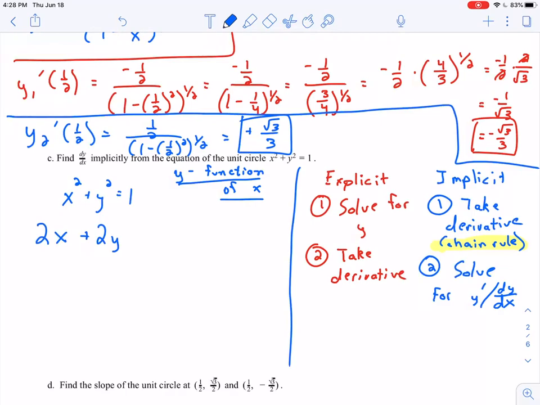Remember, whenever we had the chain rule in the last section, we always multiplied by u prime at the end. We always had to multiply by the derivative of that inside function. So I'm going to say 2y to the first times, actually I don't want to say 1 right there because I don't want us to get mixed up and think that's a y prime. I'm going to multiply by the derivative here. So I'm going to multiply by dy dx.